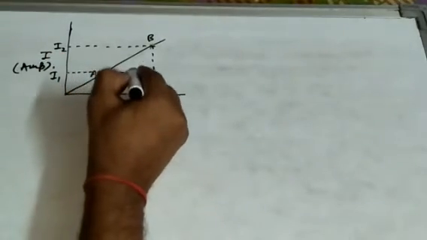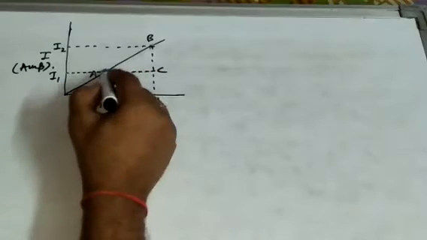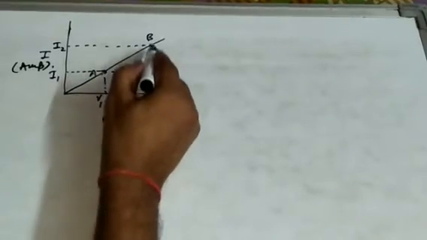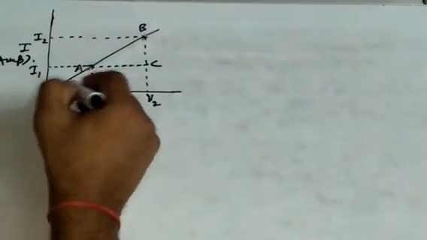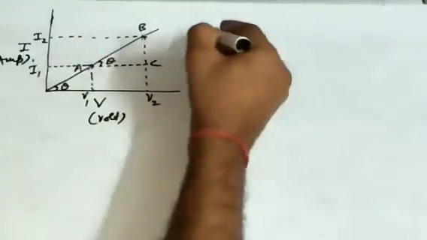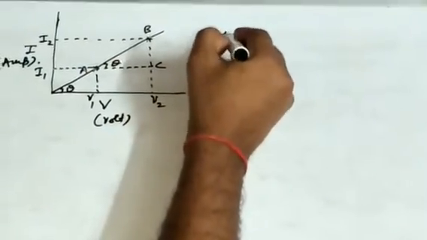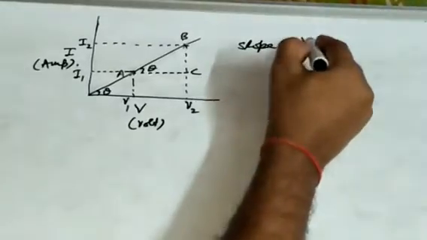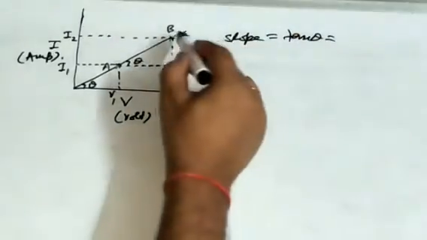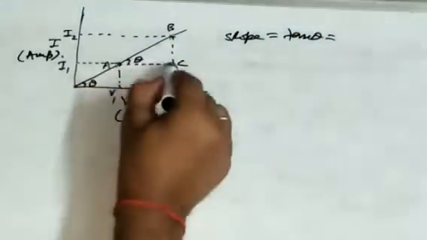And again when we extend this one, we will get a right angle triangle ACB. And again the slope of this one is equal to tan theta, and again tan theta is BC upon AC.